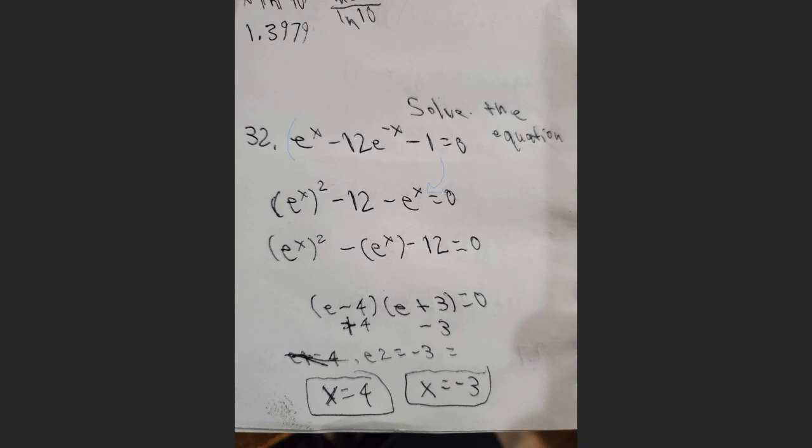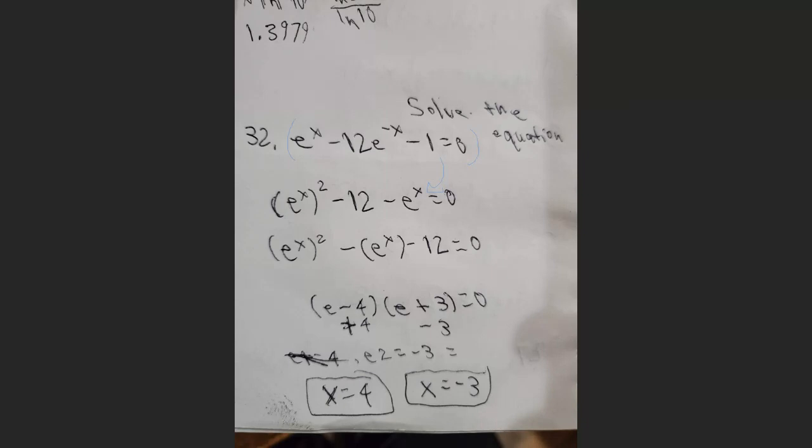I'm not talking about second to third. In the first line you have e to the x, right? Now you have e to the x squared.